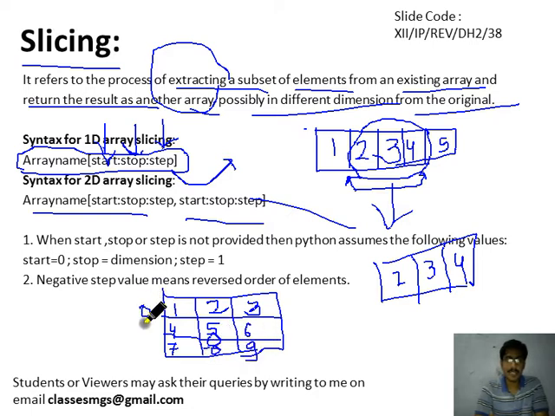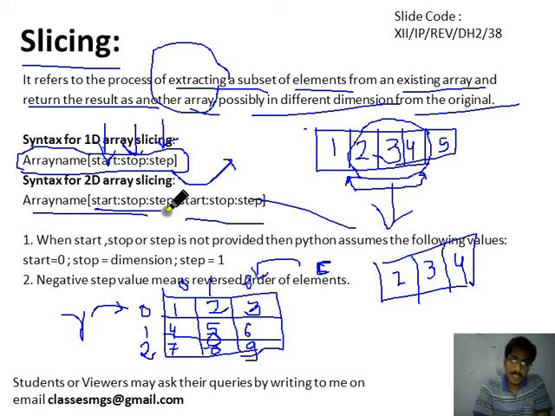We will have the row index 0, 1, 2, and the column index 0, 1, 2.